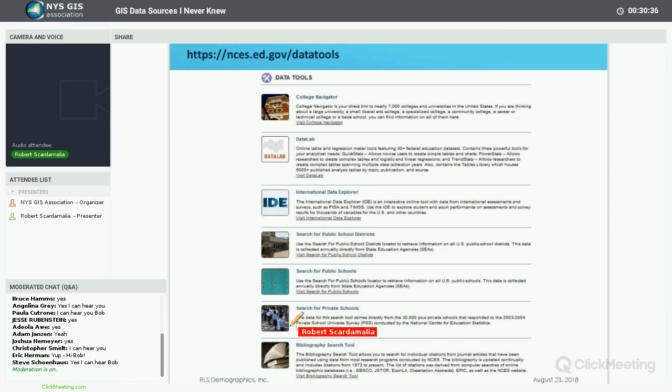And IPEDS isn't the only data access tool within NCES. Data Lab allows you to do table creation and some statistical analysis. You can look directly at public and private school districts, and all of these are tailored to focus in, filter in on just certain aspects of the data and sources of the information.